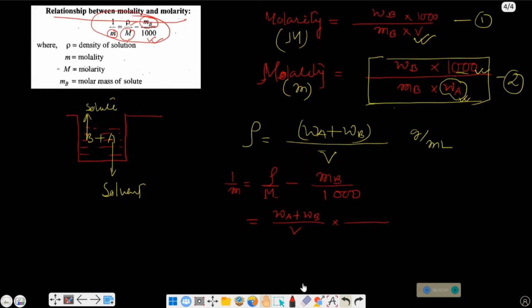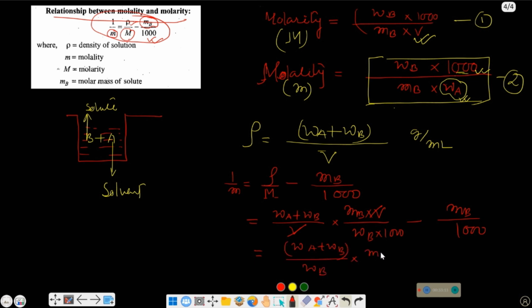From this we get, on top, Mb into V, and at the bottom Wb into 1000, minus Mb by 1000, right? So volume will cancel, leaving Wa plus Wb, and at the bottom Wb into Mb into 1000, right? So minus Mb by 1000.